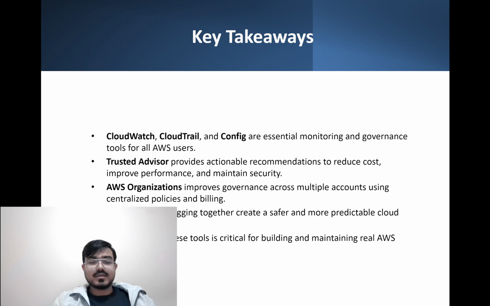AWS Organizations helps manage multiple accounts with centralized governance and policies. Monitoring and logging work together to create a full picture of your system's behavior, security, and configurations. These tools are essential for running AWS systems in a safe and professional way.